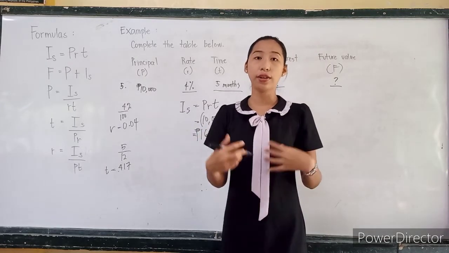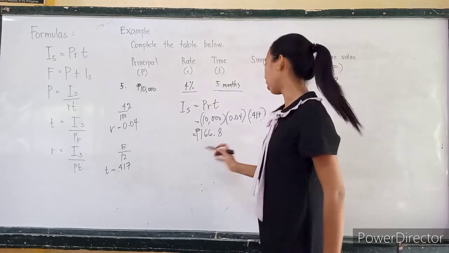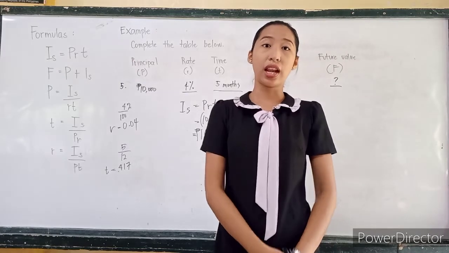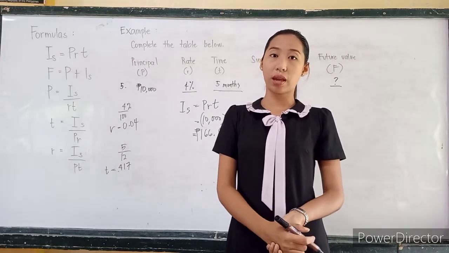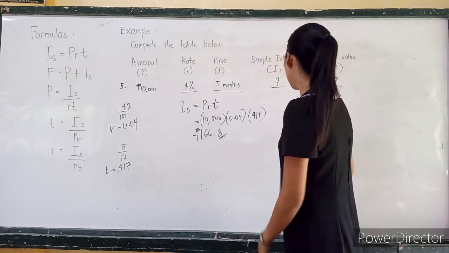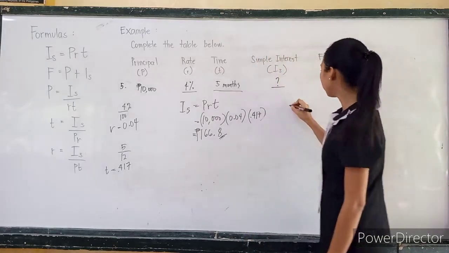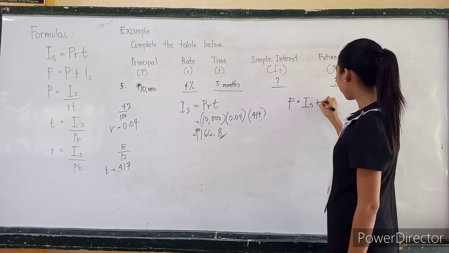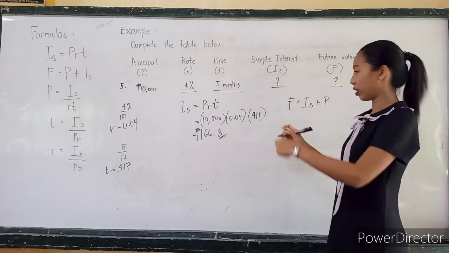In your module, the centavos part may be rounded off, well, that's totally fine. It's okay, because our process is different, we used a different T value. Okay. Let's proceed with our future value. Same formula, F is equal to IS plus P, or it can be reversed, they can be interchanged.